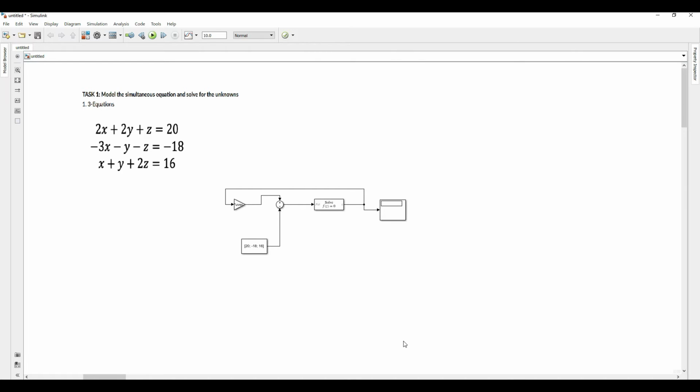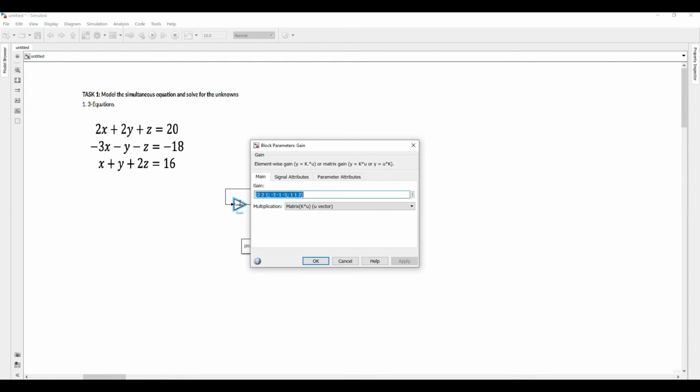So first, what I did is in these three equations I use a matrix, which is the Ax equals b. So we have here our gain. Here our gain is 2, 2, 1, and then negative 3, negative 1, and negative 1, and then 1, 1, and 2.